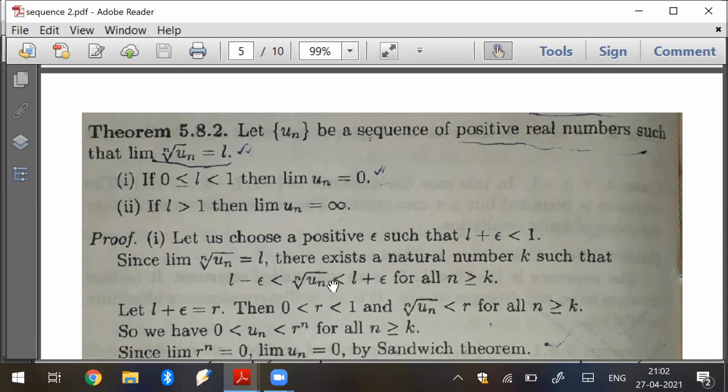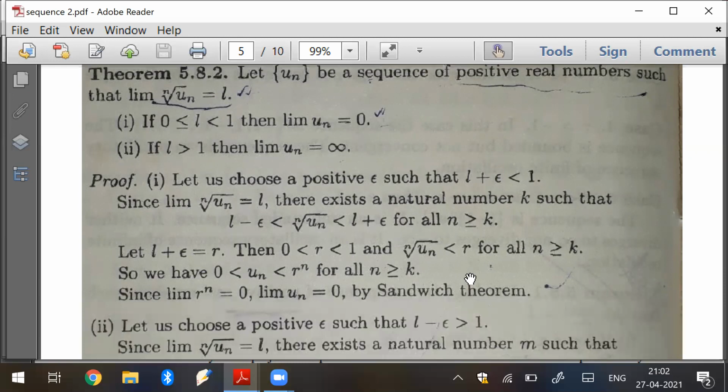You are just writing down the definition, so this is obvious. Now I denote this one as r. So r is less than 1 and greater than 0, and this quantity is less than r from this part of the inequality, for any n greater than or equal to k.